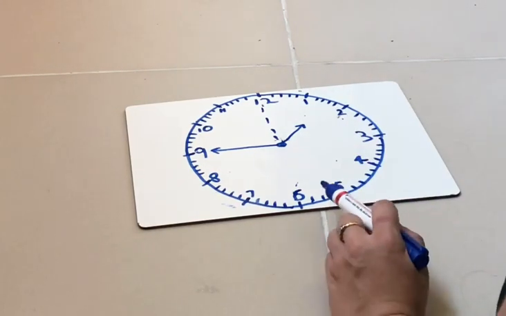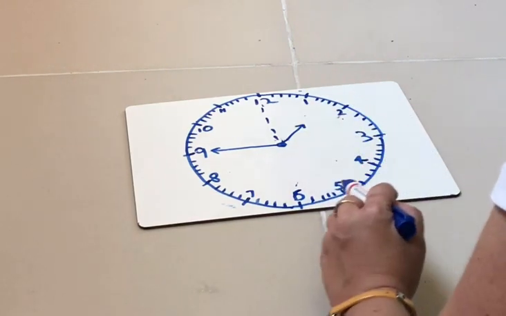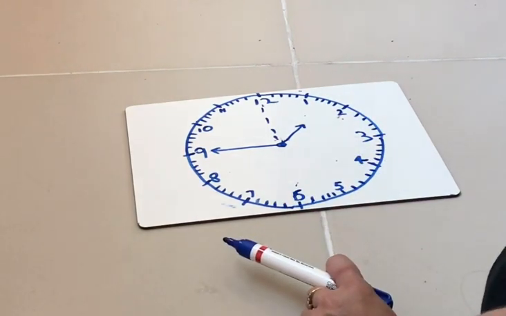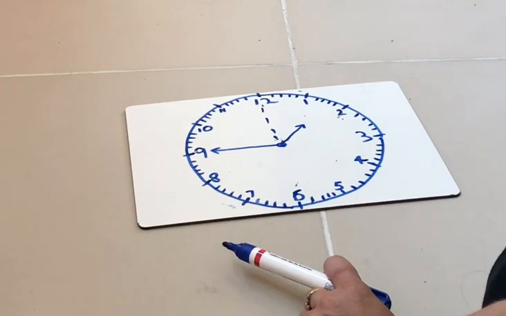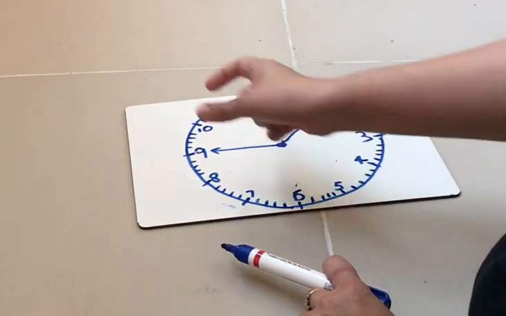Do you see all these little lines that I've drawn in between the numbers? They show a minute. Now there are 5 between each number.